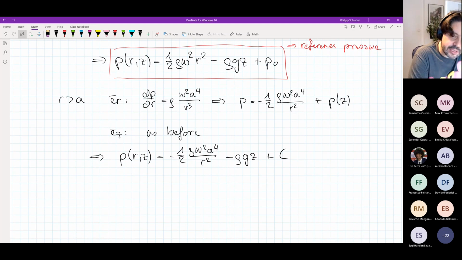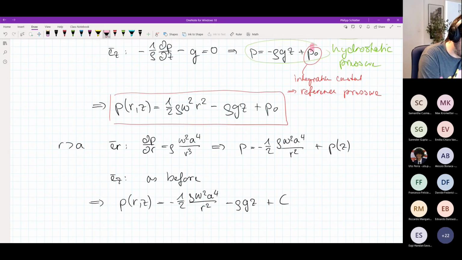But the point is, this integration constant cannot just be set to something. It is actually defined by the choice of the integration constant that I had earlier.